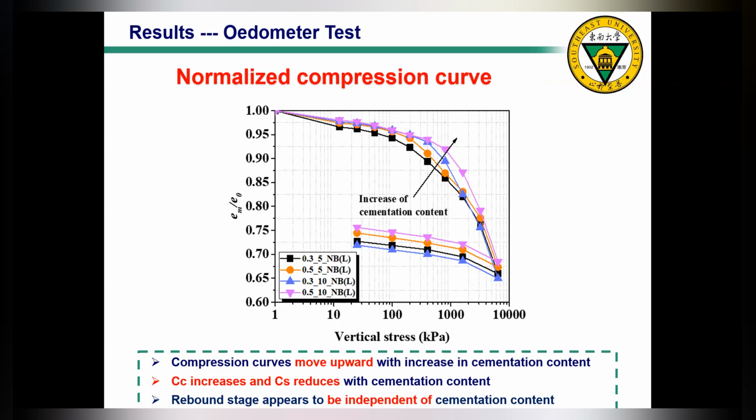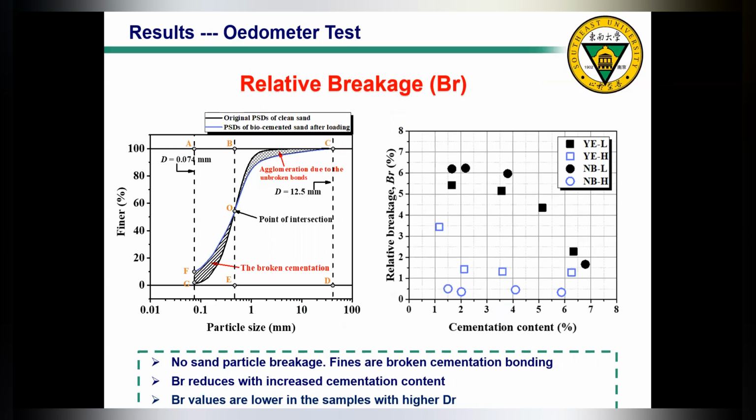During the oedometer test, we also evaluated the relative breakage. So firstly, I would like to briefly introduce the concept of relative breakage. As you can see on the left-hand graph, this is the typical particle size distribution curve. In this graph, the black one represents the original particle size distribution curve of clean sand, and the blue one represents the particle size distribution curve of bio-cemented sand after loading, at the end of the compression test.